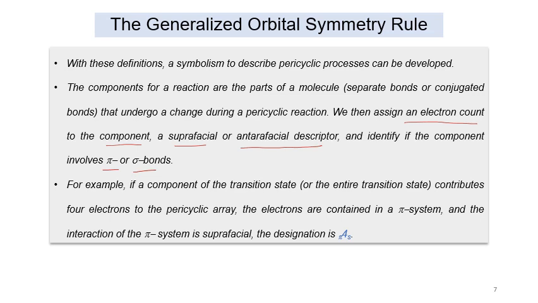For example, if the component of a transition state, or it could be the entire transition state itself, contributes 4 electrons in the pericyclic array, and the electrons are contained in a pi system, and the interaction of the pi system is suprafacial, then the designation for this particular component will be pi 4s.